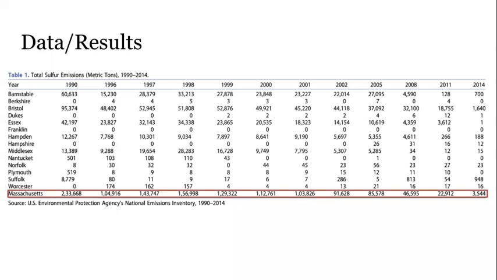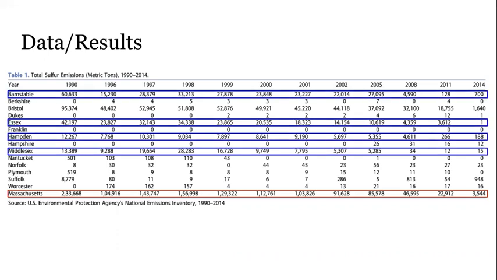What we find is that in Massachusetts, in 1990, the emissions were in the millions, 2.33 million, and we see a reduction down to 3,544 metric tons, which is significant. So we see an overall significant reduction. The cap and trade program was very effective in reducing the amount of sulfur overall in Massachusetts between 1990 and 2014.